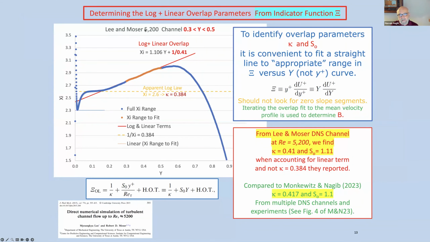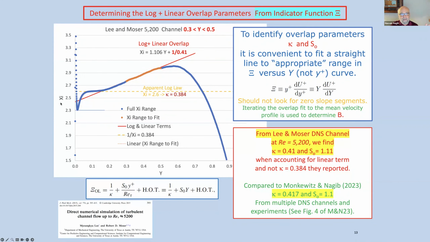This is my favorite DNS by Lee and Moser, and not because they're both my friends, it's just because, as I will conclude later, it's with sufficiently high Reynolds number, 5200 Re tau, and it was well resolved and reasonably well converged. Actually, it could use more convergence, but it was a very expensive DNS at the time.